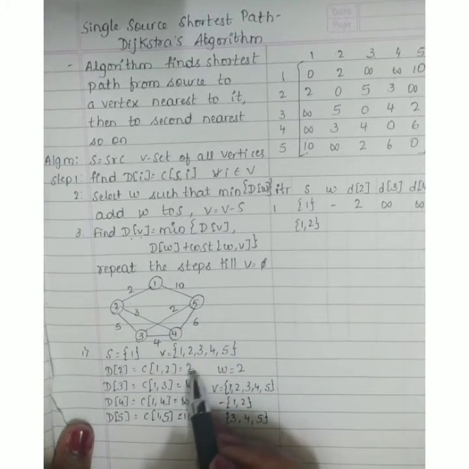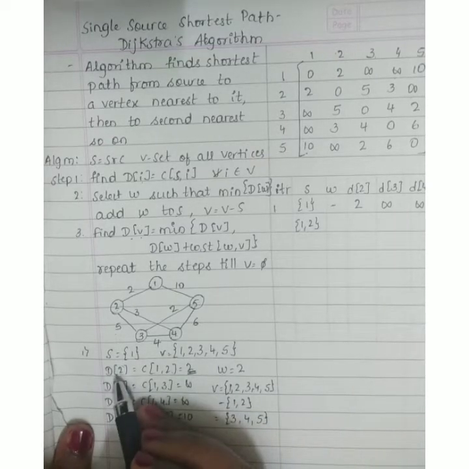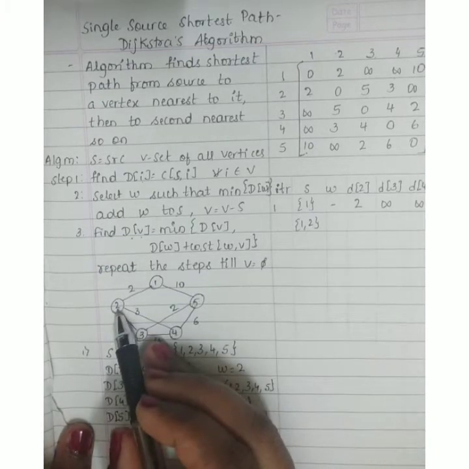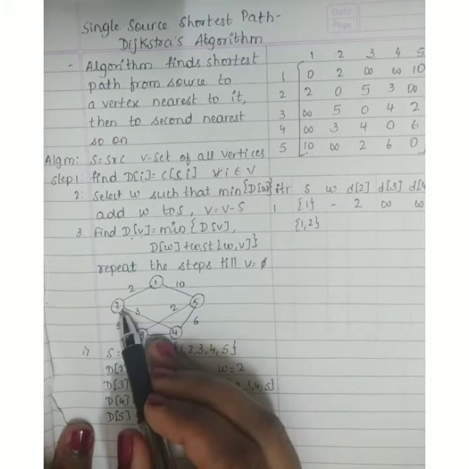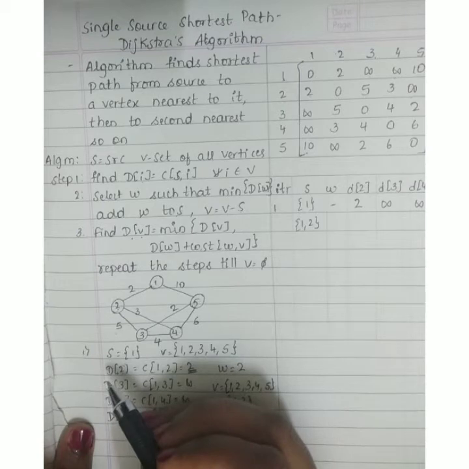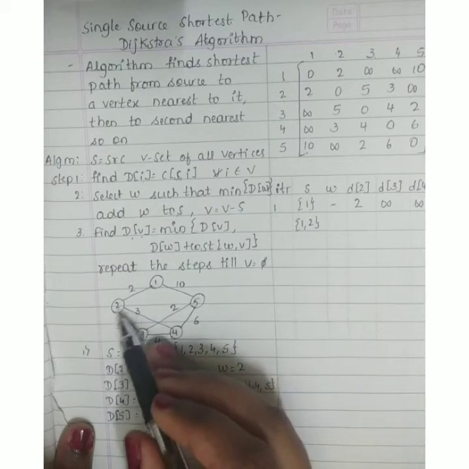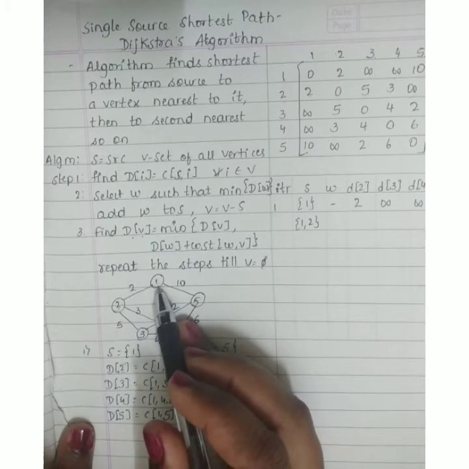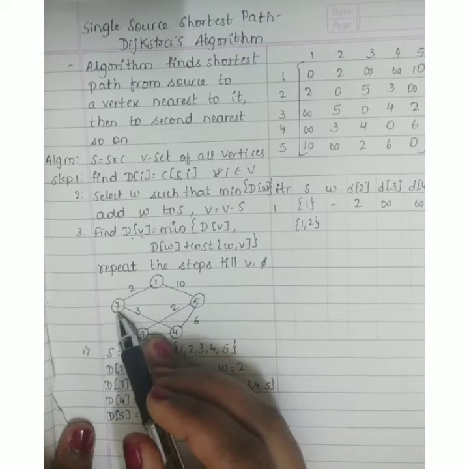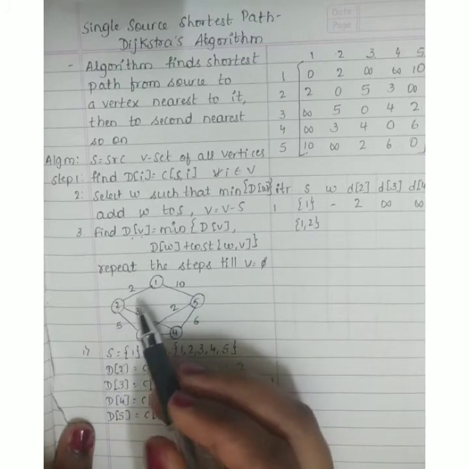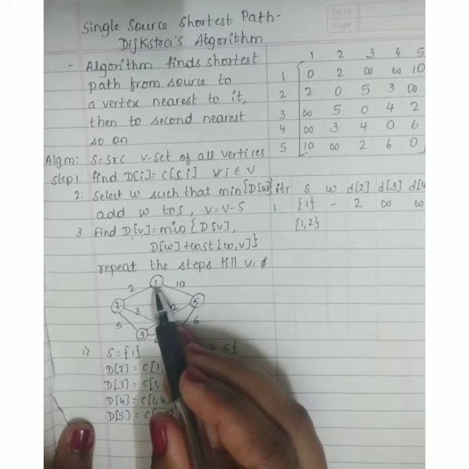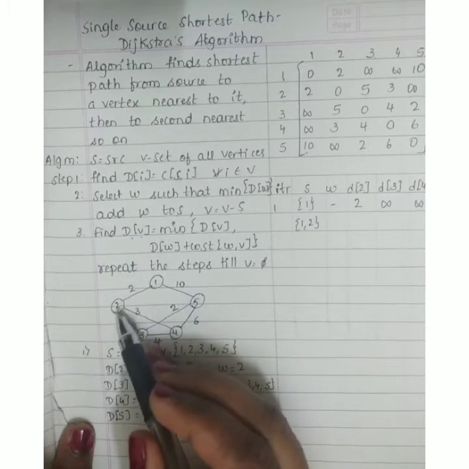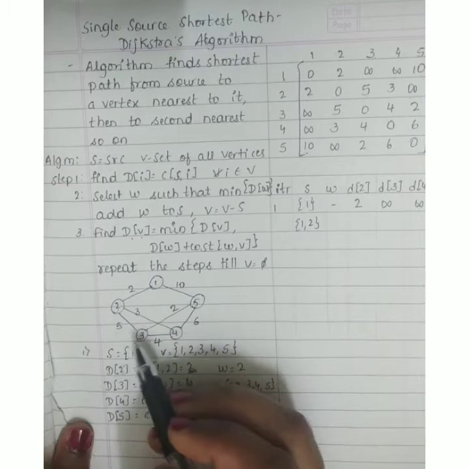We have considered the edge which has the least cost, that is 2. So the corresponding vertex is the nearest vertex to the source. So 2 is the nearest vertex to the source. In the next step, we will be finding the nearest vertex to node 1 through node 2, using 2 as the intermediate node.